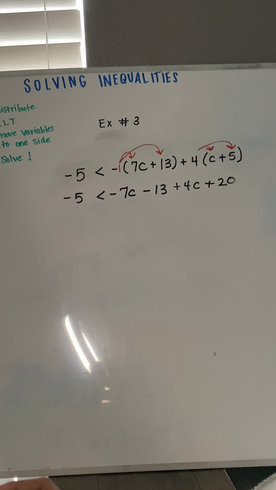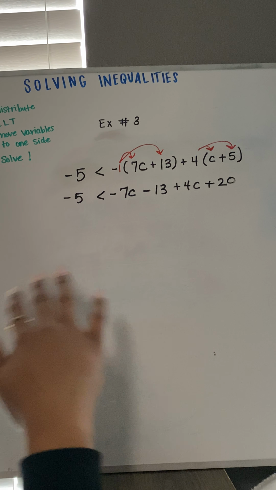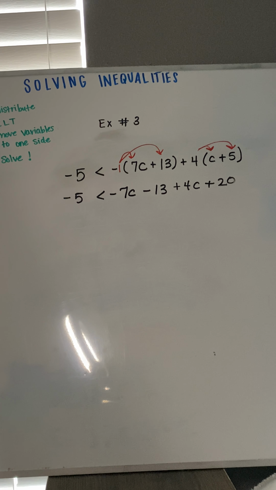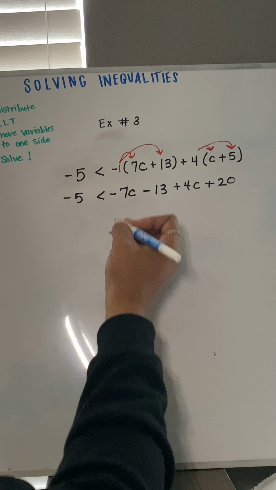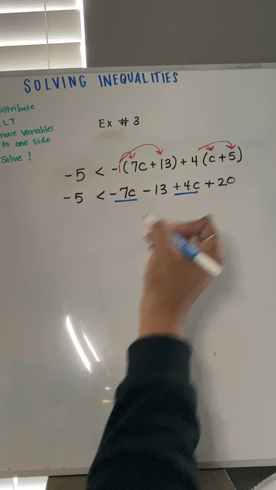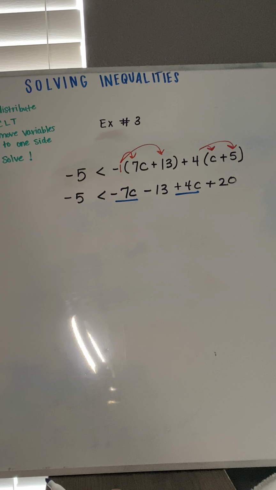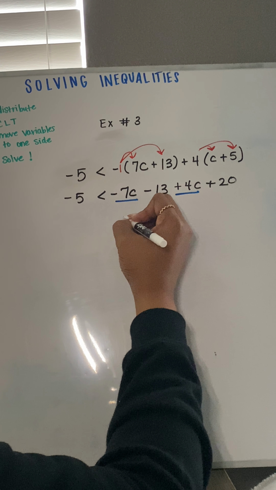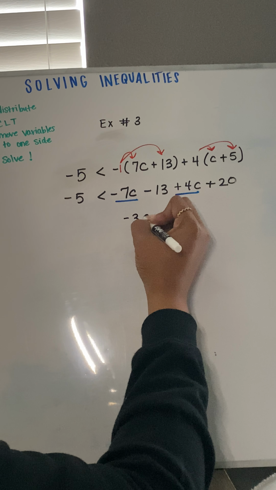So step 1, I have distributed. I know that I'm done distributing because my parentheses are gone. After we distribute, we always check to see, is there any way that I can combine like terms? It definitely looks like I have some things that are alike. So I see here I have a -7c and here a +4c. When I combine those together, they're going to make -3c.